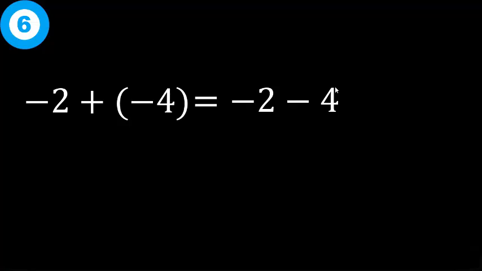There are different ways of looking at this problem. This particular question simply means that, let's say you are owing 2 Ghana cedis or $2 or whatever, and then you go to add another debt of 4 cedis or $4 or whatever amount of money you are looking at. If you combine the two, what will you get?